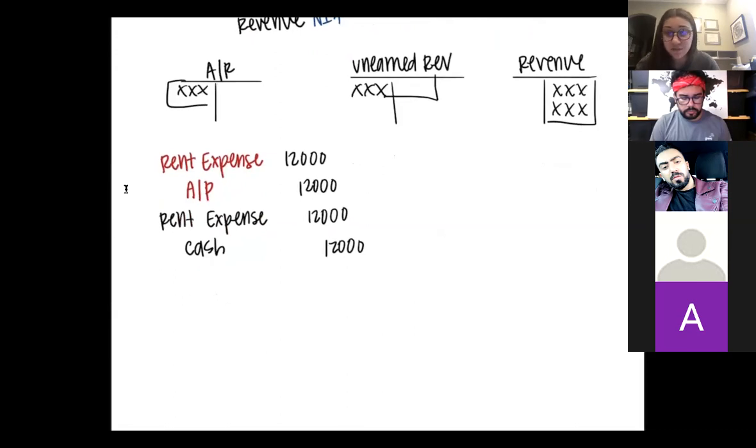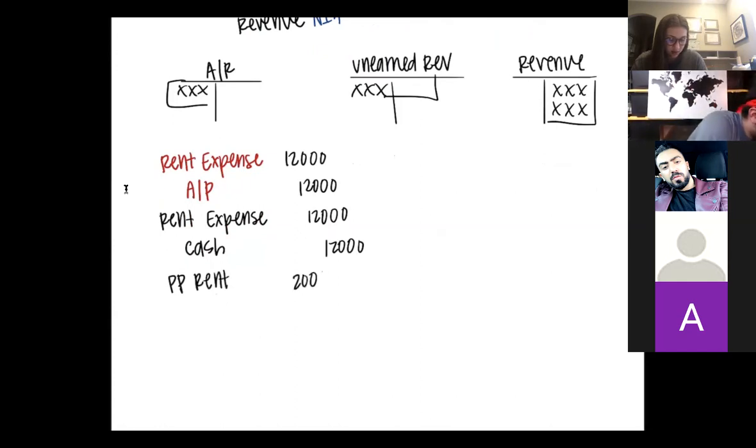And so now they use 10 months of rent during the year. So if they expense the full amount, you have to unexpense 2 months of it because they only used 10 months of it, right? So you have to debit prepaid rent because now you have 2 months of prepaid rent that you still have, and then unexpense $2,000 of the rent expense.